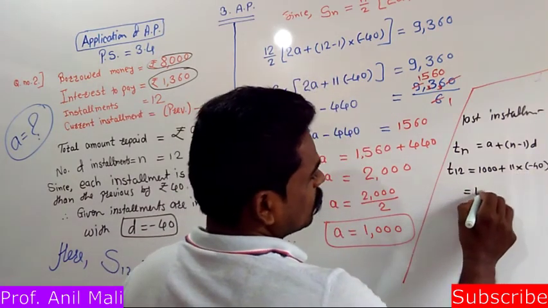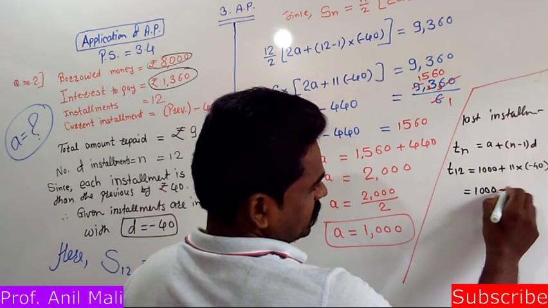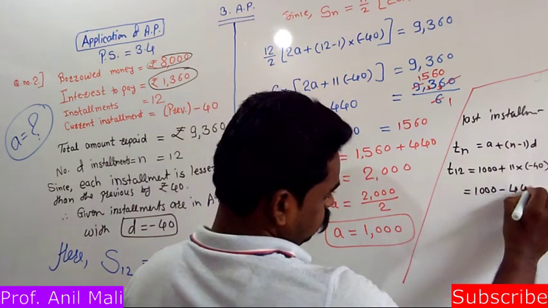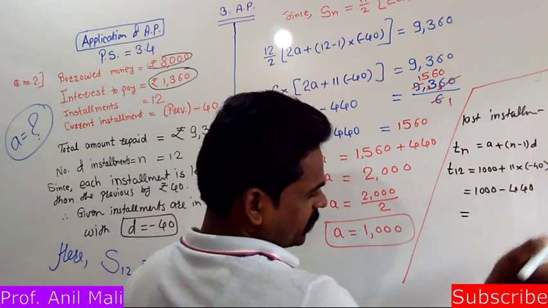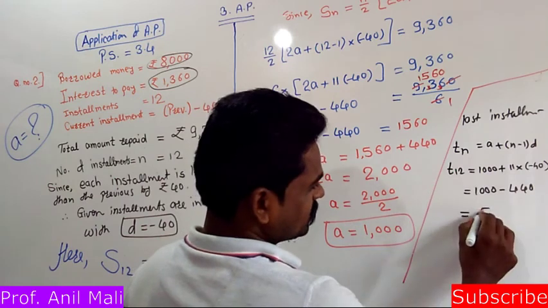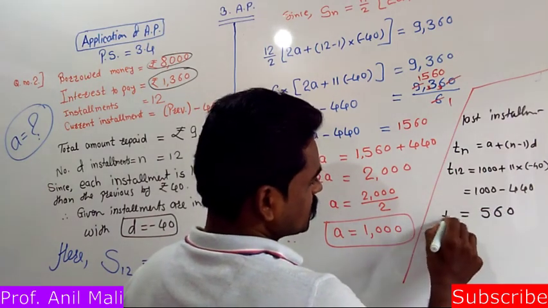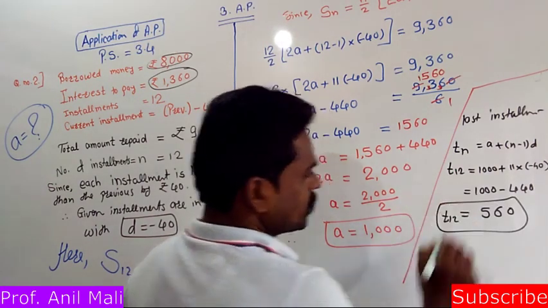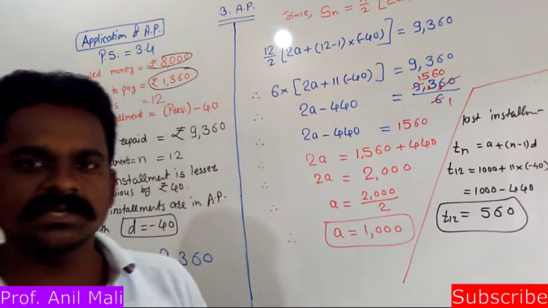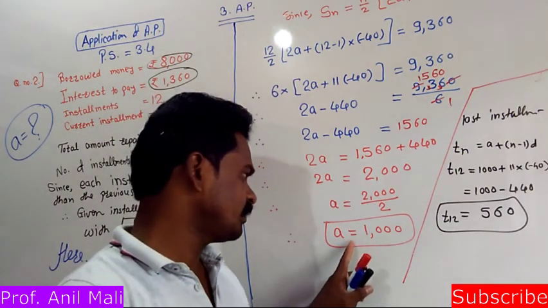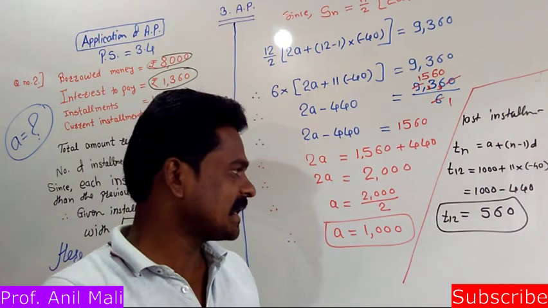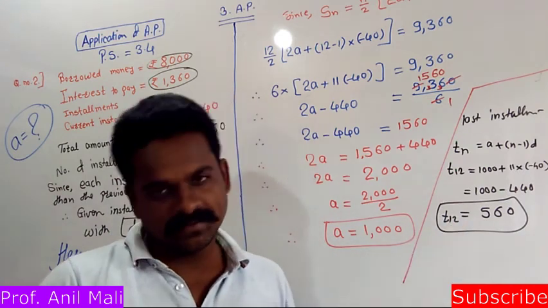So it is equal to 1000 minus 440. So 1000 minus 400 is 600, minus 40 is 560. That will be your last installment, T12. The first installment will be 1000 rupees, and the last installment will be 560.